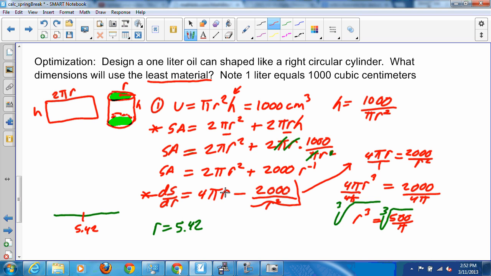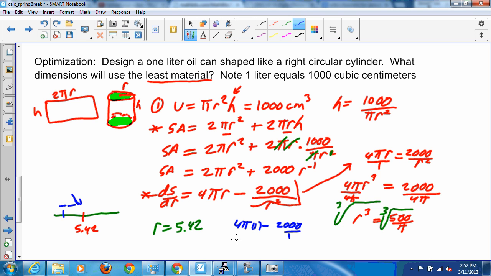Let's pick a value like 1 for the radius. Alright, let's switch colors, because 1 is definitely over here, right? So we have 4 times pi times 1 minus 2000 over 1. Well, this is just simply about 12, right? 12 take away 2000 is definitely approaching negative territory. So our function is decreasing here. And then let's pick a number well over to the right, say like 10.